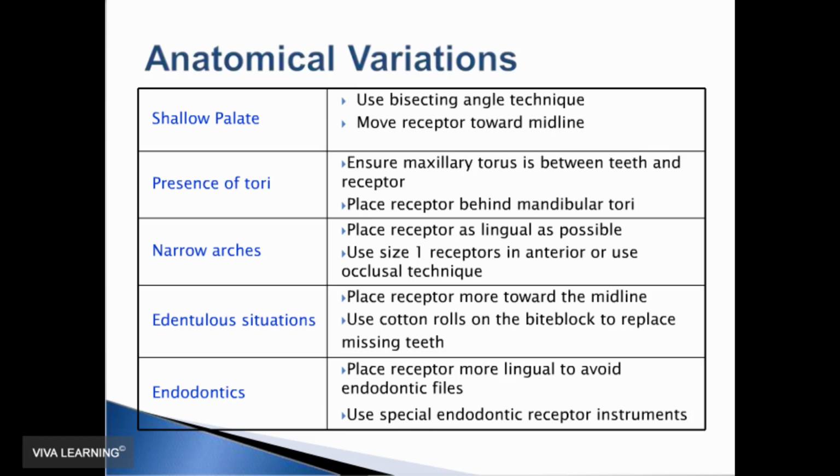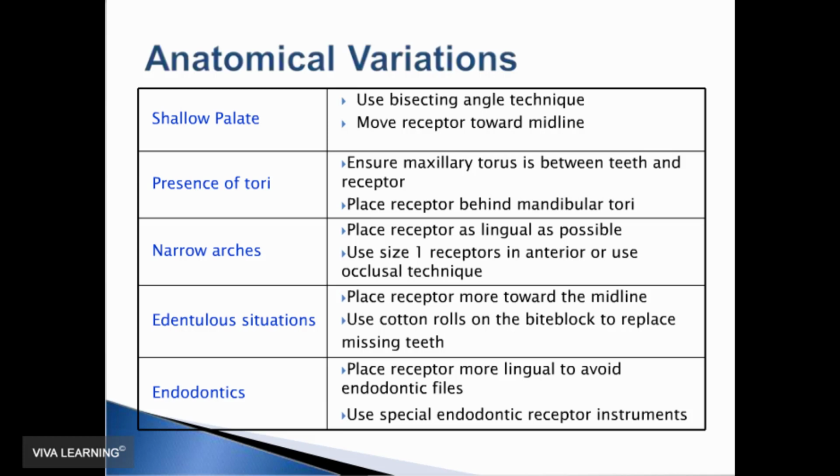With edentulous patients, you would want a cotton roll on both sides of the bite block to replace the missing teeth and to have it in opposition to make it easier for the patient to bite. If the patient is edentulous on the opposing side, where they can't maintain it, you'll probably need to use 2 cotton rolls to replace the missing teeth and stabilize the instrument.